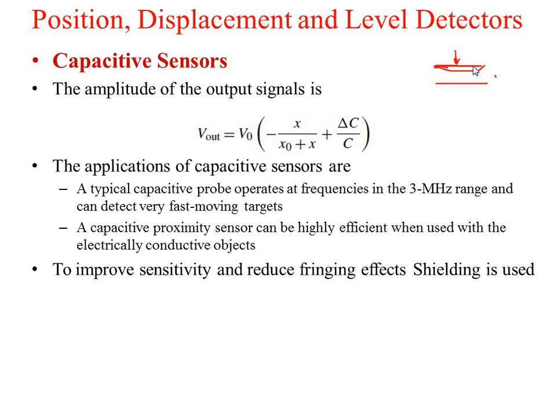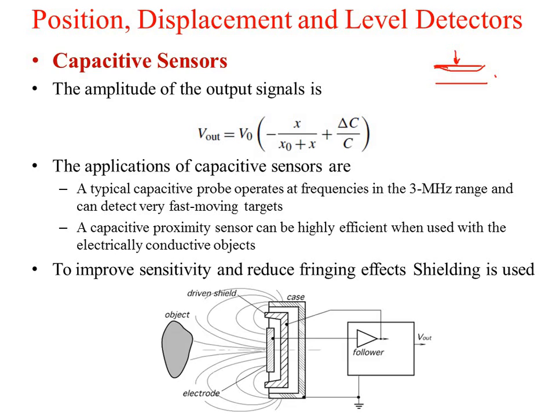To improve the sensitivity and to reduce the fringing effect, most of the time shielding is used. We know that the charge may cause a sensitivity problem as well as the fringing effect. For that purpose shielding is used. How the shielding is done, you can see here. The external case is connected directly to the ground. This is called shielding.